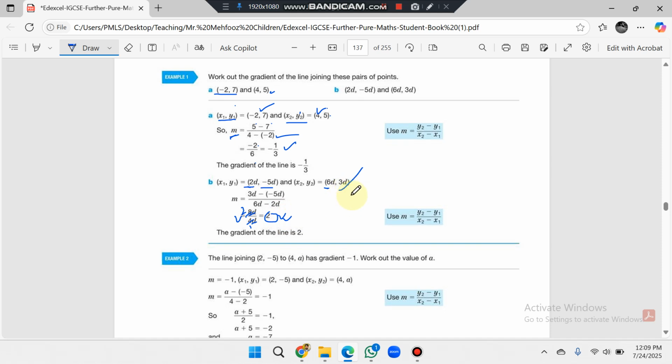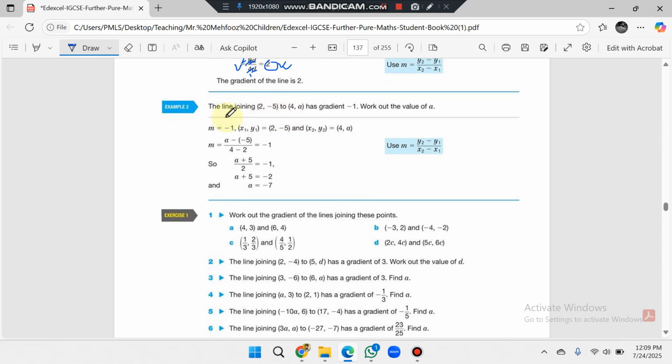No. Okay. Next one is the line joining 2, minus 5 to 4, a has the gradient minus 1. Now the gradient is also given. Work out the value of a. So we have to use the formula for gradient, where m is given as minus 1, x1 y1 is 2, minus 5, and x2 y2 is 4, a, right?